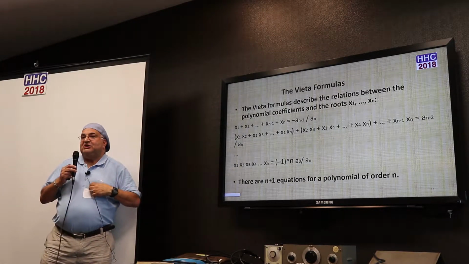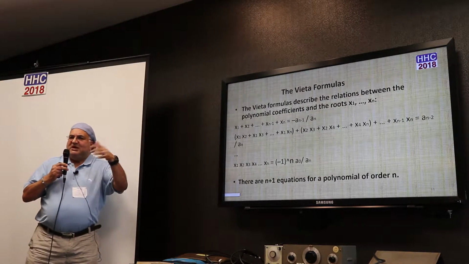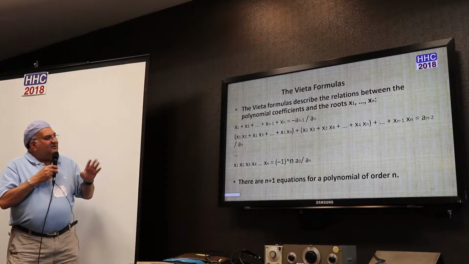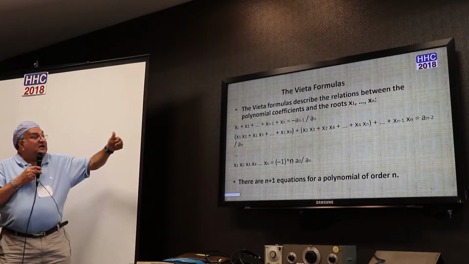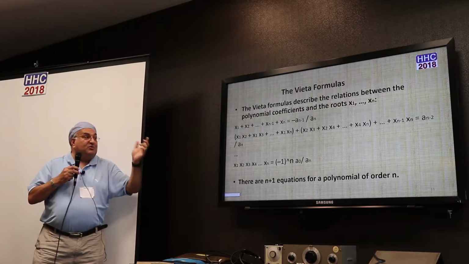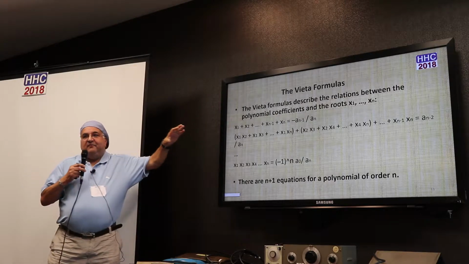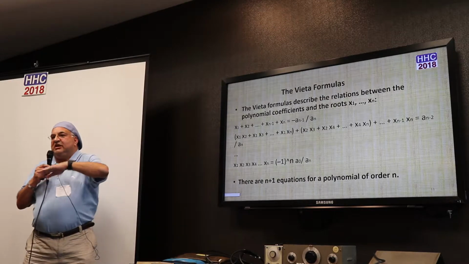The second approach, I used the Vieta formulas. They were mentioned at the HP Museum in one case, and I was looking at them. Now, the Vieta formulas describe the relationship between the polynomial coefficients and the roots. For a polynomial of order n, you have n plus 1 equations.